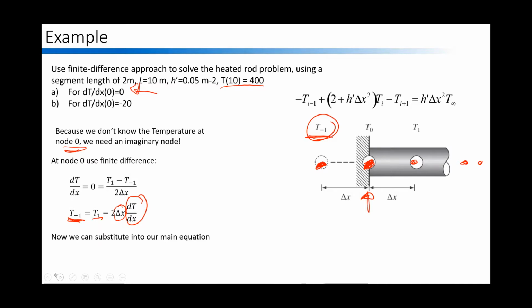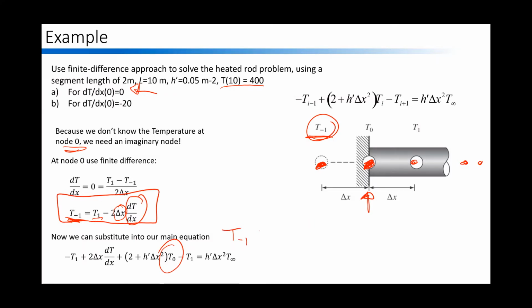Okay, so now that we have this, we can substitute that T minus 1 back into that main equation. If we're thinking about solving for that T0 point, originally this would have looked like T minus 1 plus (2 plus H prime delta x squared) times T0 minus T1 equals H prime delta x squared T infinity.